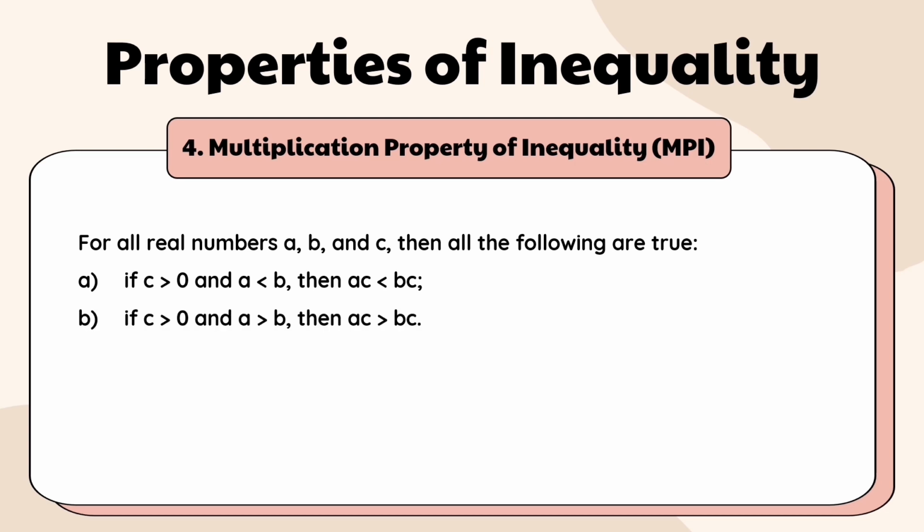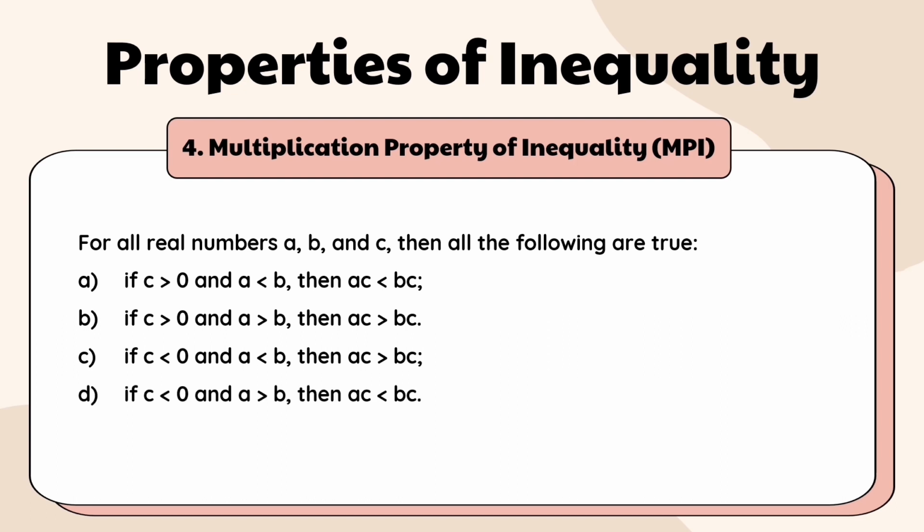If C is greater than 0 and A is greater than B, then AC is greater than BC. If C is less than 0 and A is less than B, then AC is greater than BC. And if C is less than 0 and A is greater than B, then AC is less than BC.